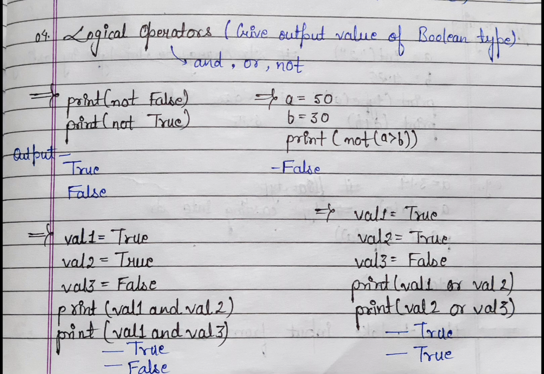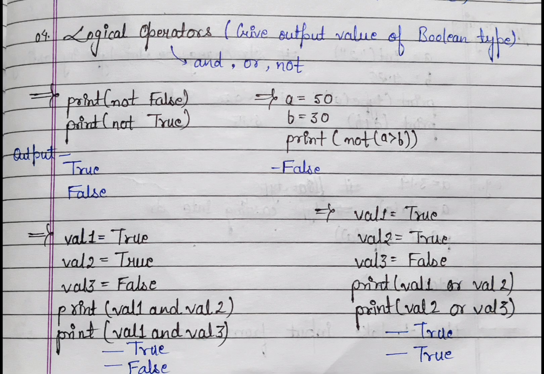The first example is saying print, and in parenthesis, not false. The not operator works to give the opposite of whatever is written in front of not. As here false is written, the not operator will give the opposite of false.